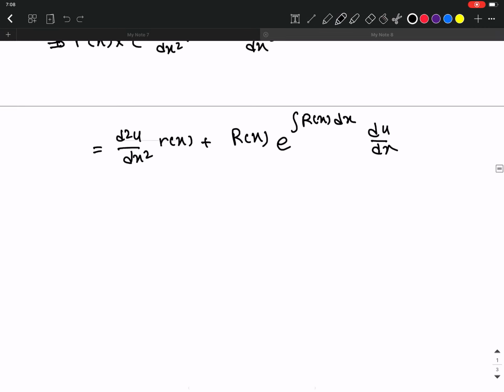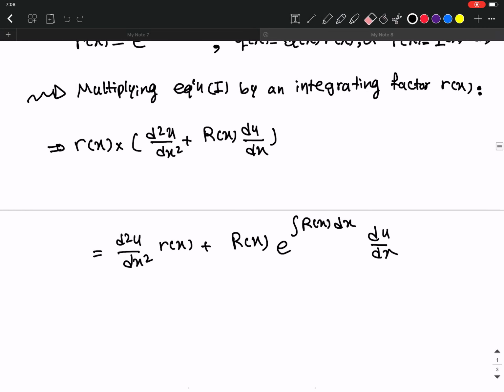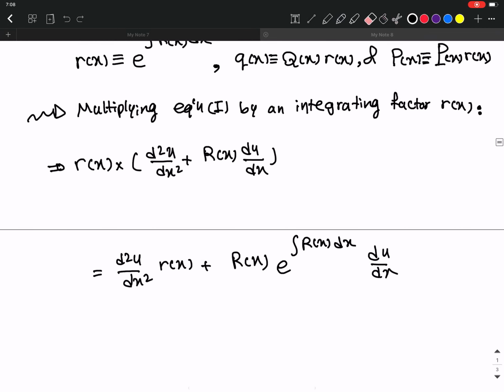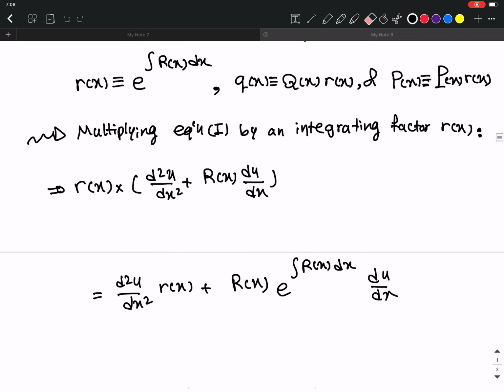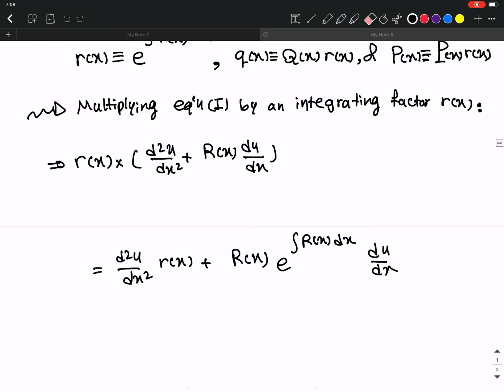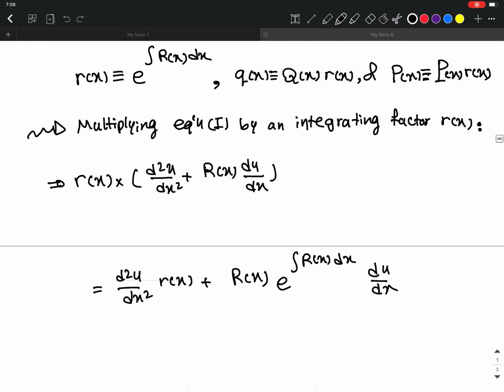And let's see what it is. So I want you to think of these two terms. Do these two terms remind you of anything?